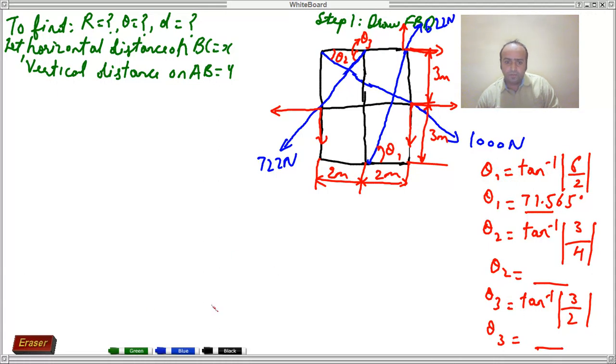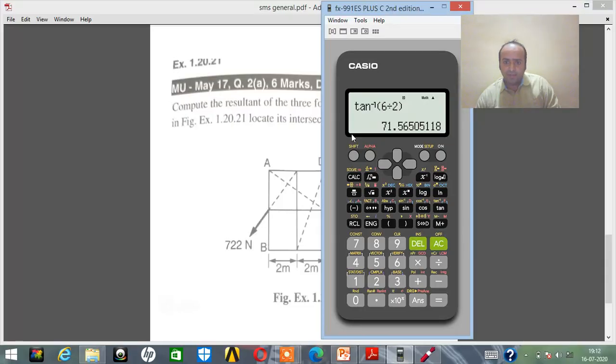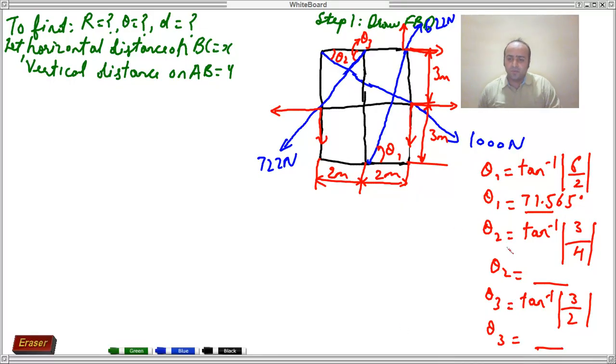Same way theta 2 is tan inverse of 3 divided by 4, that is 36.869 degrees. It's better to remember this value. This is the most common value while we solve the problems. Again, theta 3 is equal to tan inverse of 3 by 2.